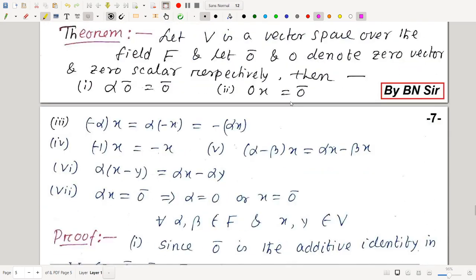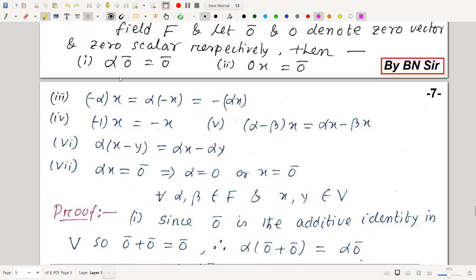So, justified. Next theorem. Let V be a vector space over the field F, and let 0 bar and 0 denote the zero vector and zero scalar respectively. Initially, let us denote them by different symbols, 0 bar and 0, zero vector and zero scalar. Finally, we shall remove this bar also. Then, first result: alpha into 0 bar is 0 bar. Although there is a star, we are not writing the star.